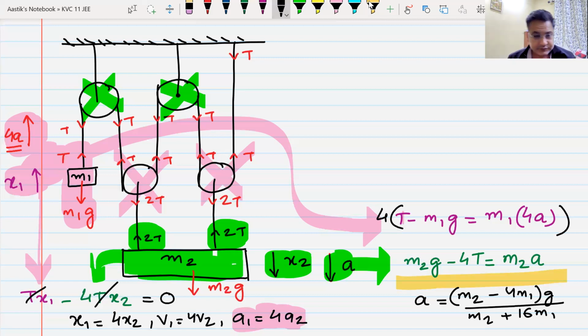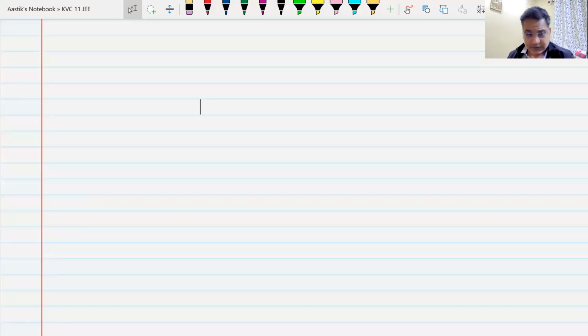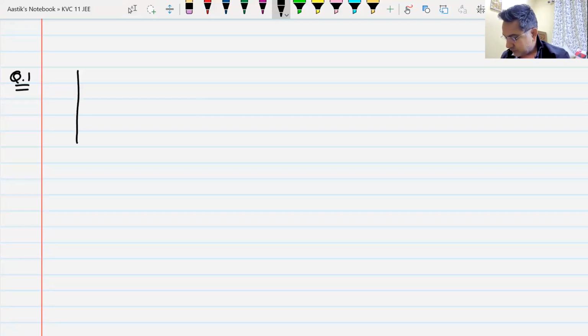Then the problem comes. And remember, you have to tell me the acceleration. First of all, you have to tell me the constraint relation, and then you need to tell me the acceleration. So here comes the first problem.